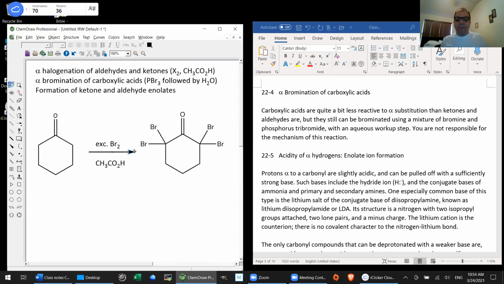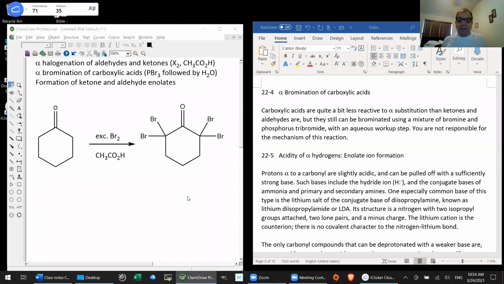Okay, very good. So it turns out to be possible to do the same type of thing to carboxylic acids as the starting material, but they're a good bit less reactive than ketones and aldehydes, so we need to get out the heavy hammers. We need to use much more reactive species.